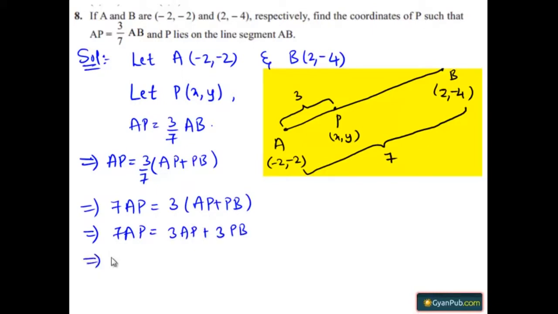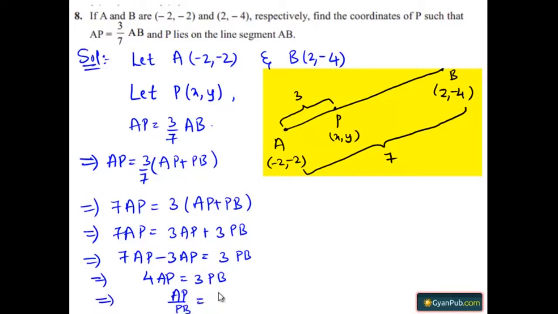This implies 7AP minus 3AP equals 3PB. This implies 4AP equals 3PB. This implies AP by PB equals 3 by 4. It means the point P divides AB in the ratio 3:4 internally.